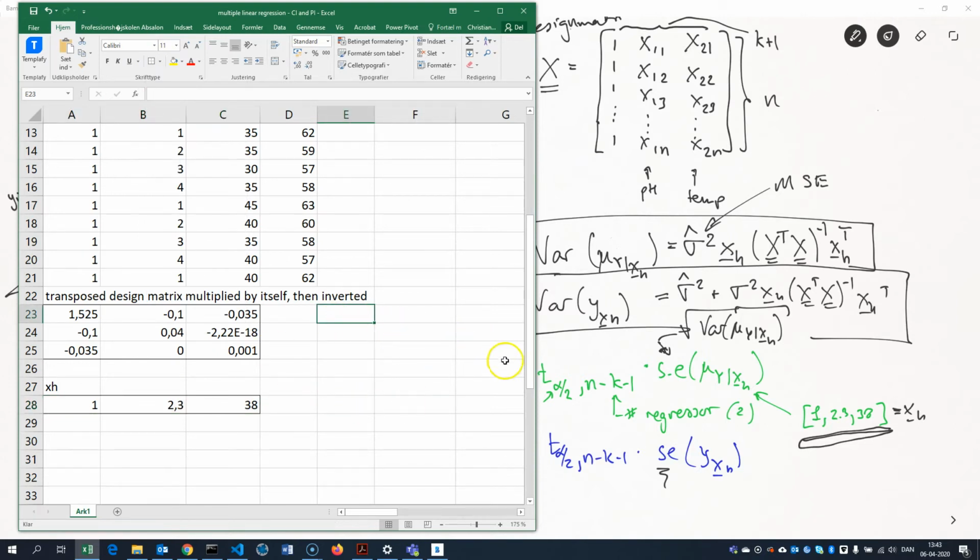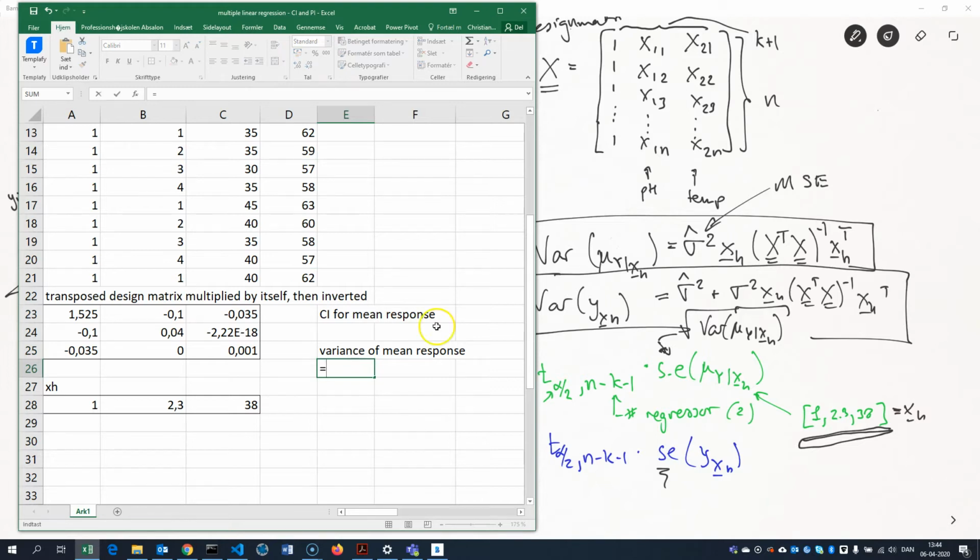And then I'm ready to compute, well, what we will find first is the confidence interval for the mean response. And to do that, you can see in the formula, I need the variance of the mean response. So let's write that, variance of mean response.